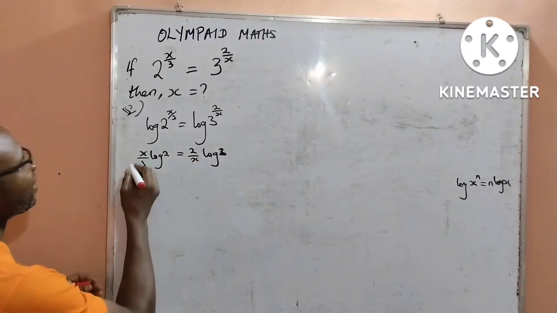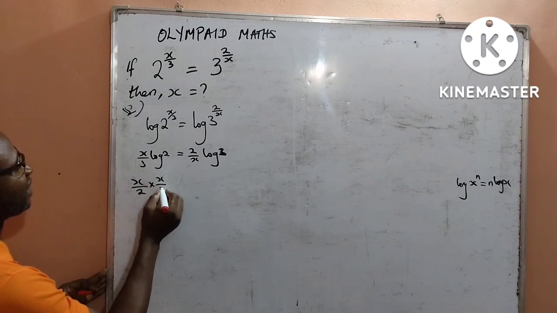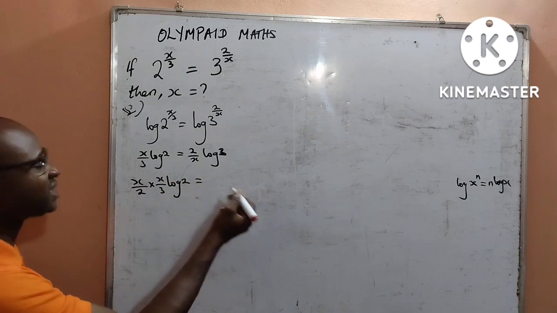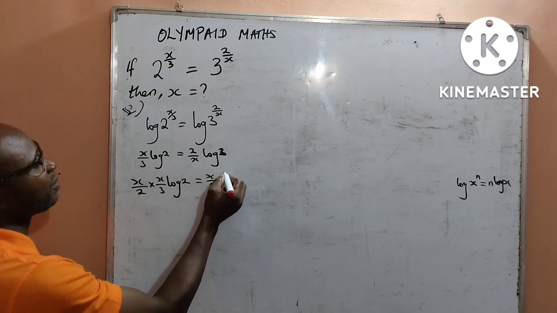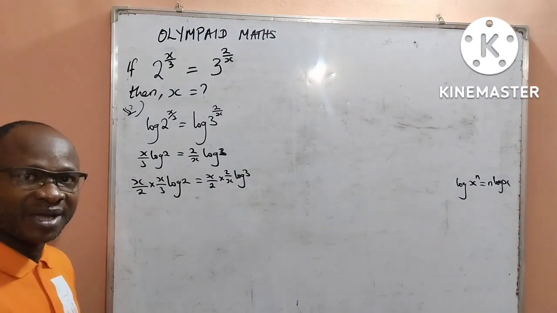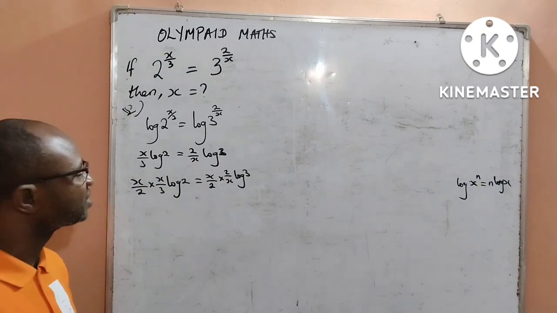Doing that, I will now have x all over 2 multiplied by x over 3, then the log of 2, equal to, on the right hand side, x all over 2 multiplying 2 all over x, then the log of 3. So I have applied that to both sides, so the equation is still intact and balanced.